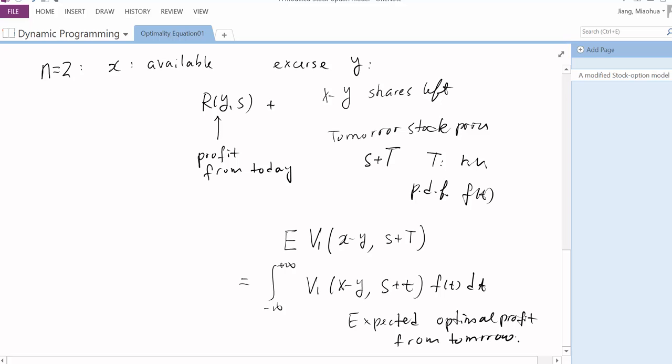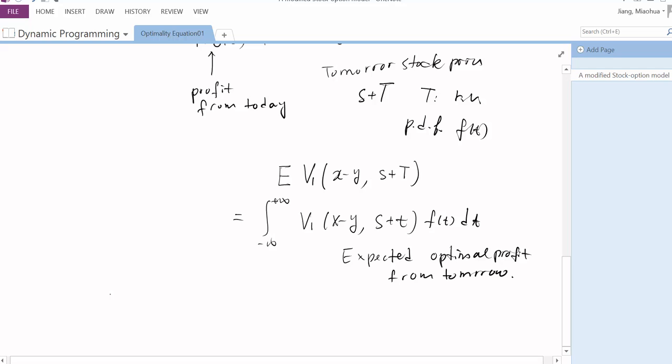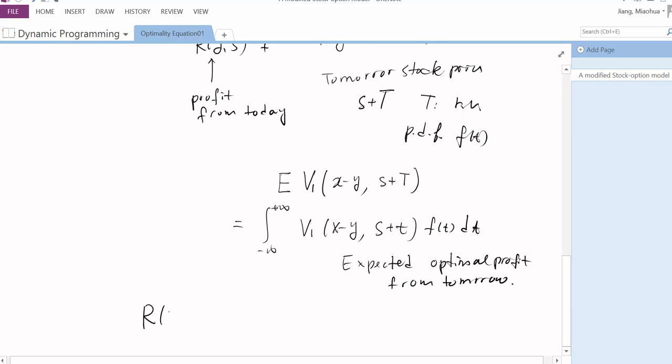Okay. So now let's put them together. This is what we have. If we exercise Y shares, we have the profit R(Y, S) for today and the maximum expected profit from the future, and it's V1 of X minus Y and S plus T, f(t) dt.